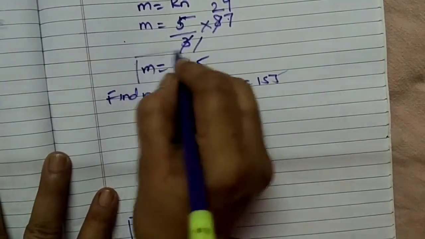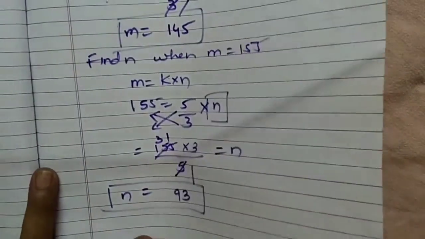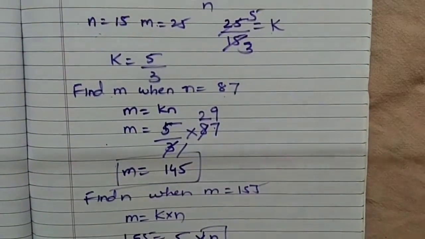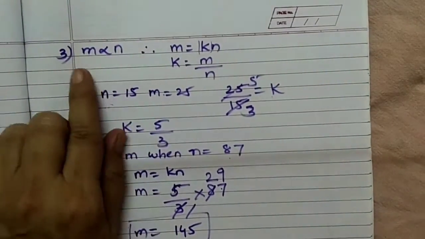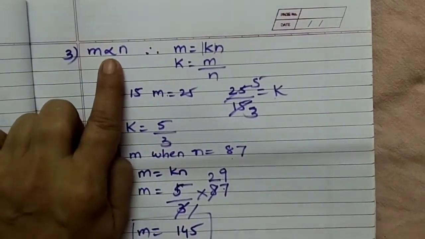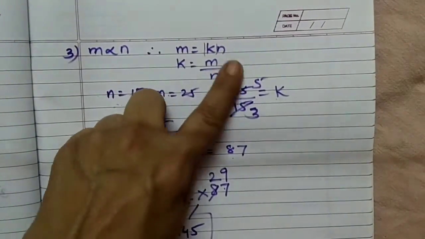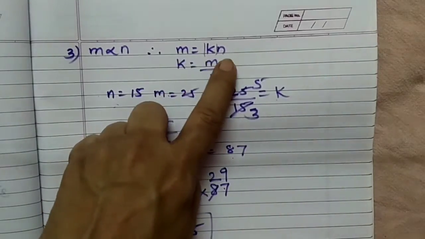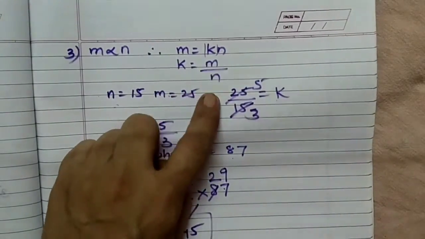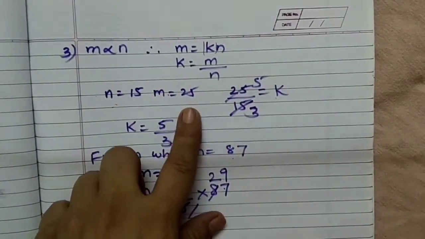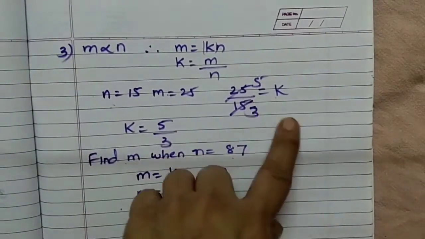So we got m is equal to 145 and n is equal to 93. In this way, what did we do first? First they have given us what type of variation it is. So we wrote the equation of variation, that is m is equal to kn or k is equal to m upon n. First they have given us m and n, we found out the value of k.